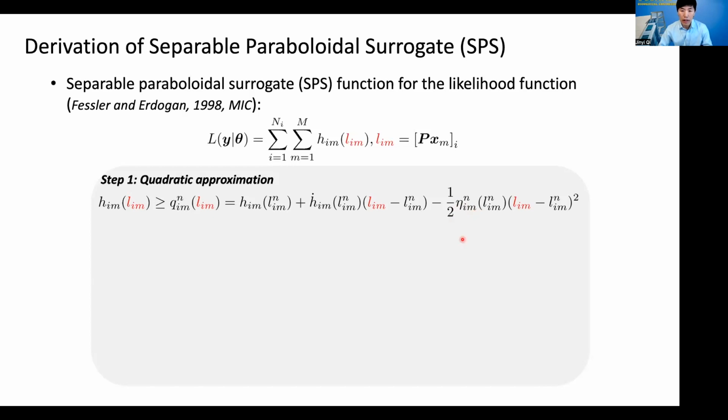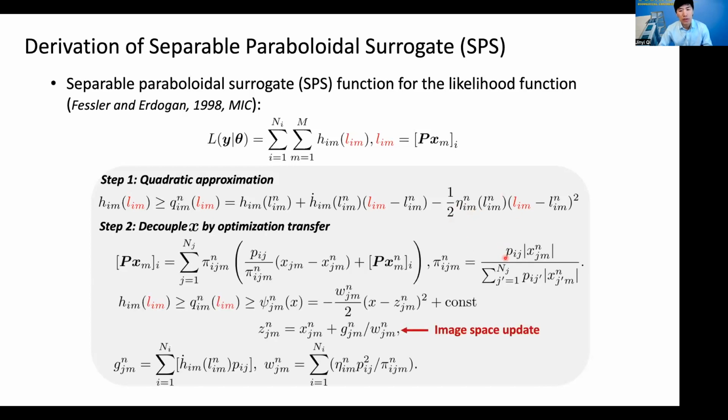And then the next step is to use the convex property of this quadratic function so that we can decouple the correlation between the different voxels. Essentially, we rewrite the p x i using this linear combination with a defined p i.